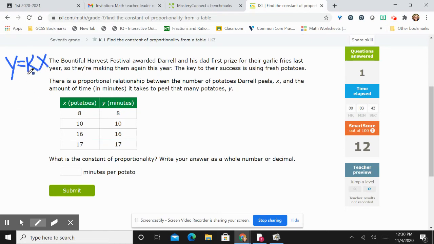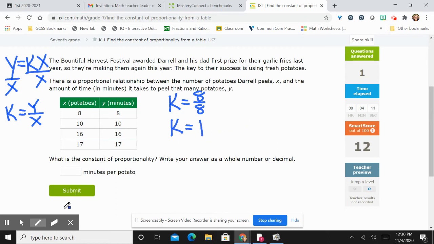And then when we're trying to find K, we divide by X. So K equals Y divided by X. This time, you don't have it easy. It's not a 1. So you're going to put this in order. K is equal to 8 divided by 8. What is 8 divided by 8? 1. So my answer is 1.